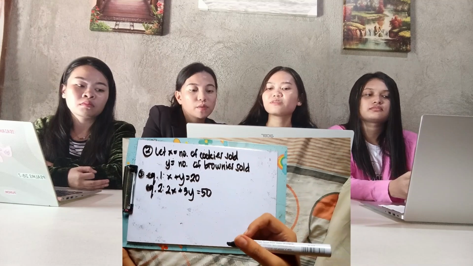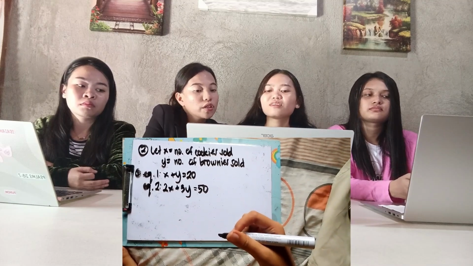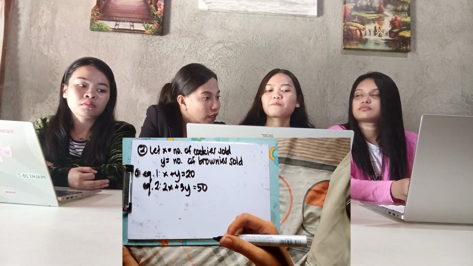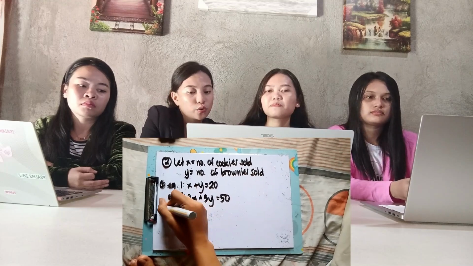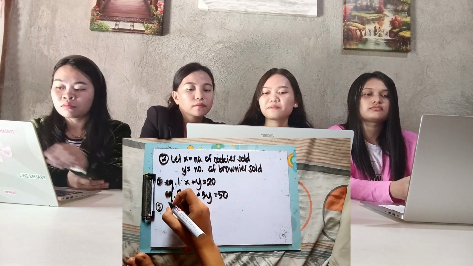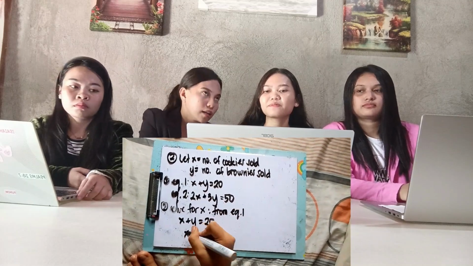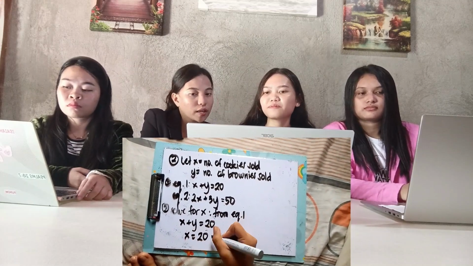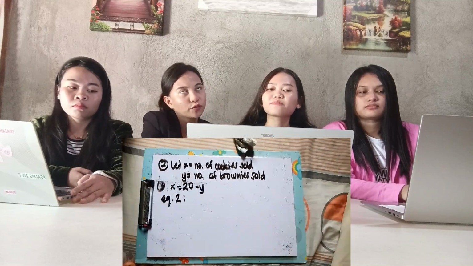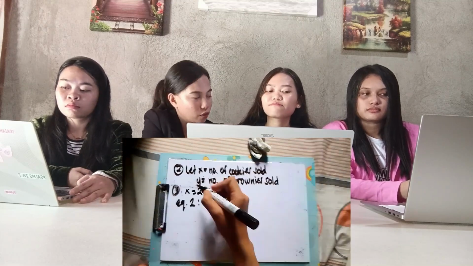Now we have a system of equations. We can solve this using substitution or elimination. Now let's use substitution. From the first equation, solve for x. x equals 20 minus y. Now substitute this expression for x into the second equation.